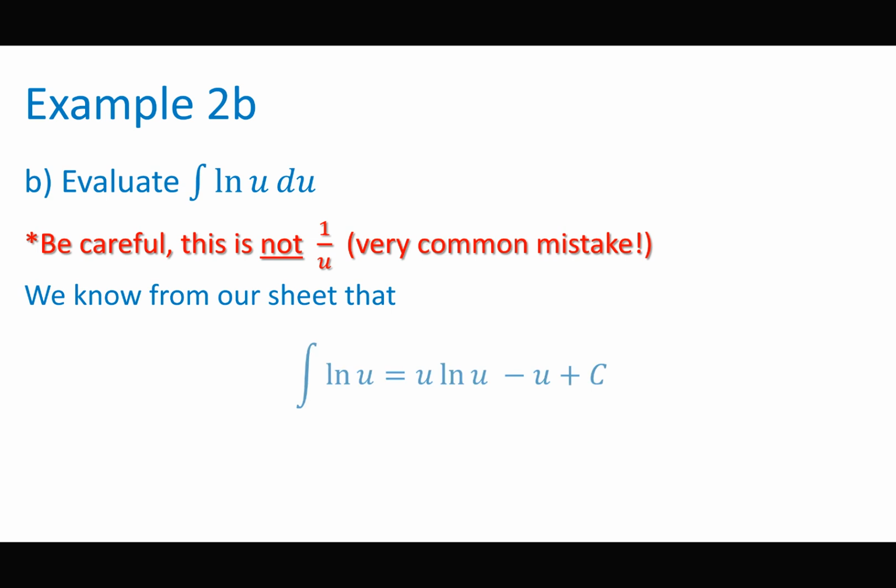We can look on our sheets, and it's actually this: u times natural log of u minus u plus c. So this is another one that you could see, and I've seen enough of these that they do occur. So do not make the mistake, if you end up with an integral that's natural log of u, of saying, well, that's 1 over u. Not the same. The antiderivative of 1 over u is natural log of u, but it's not the other way around.